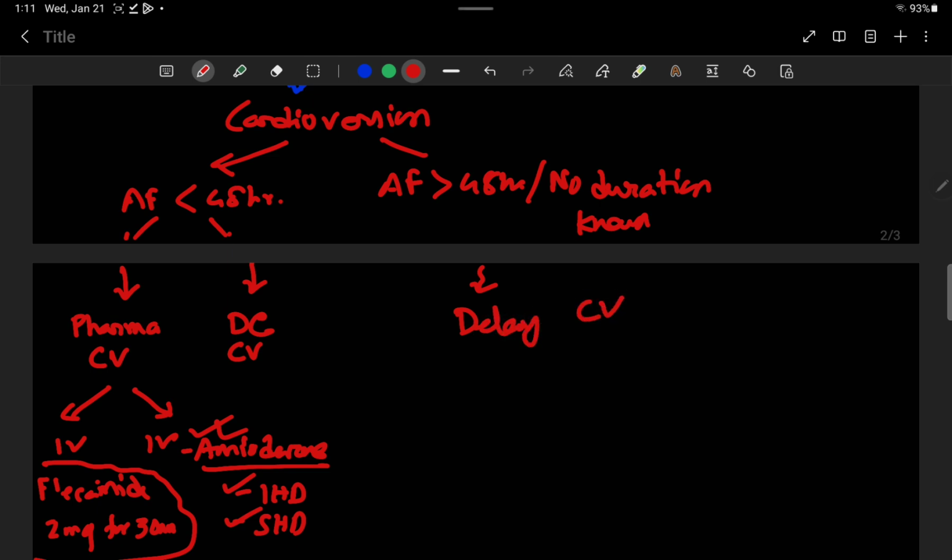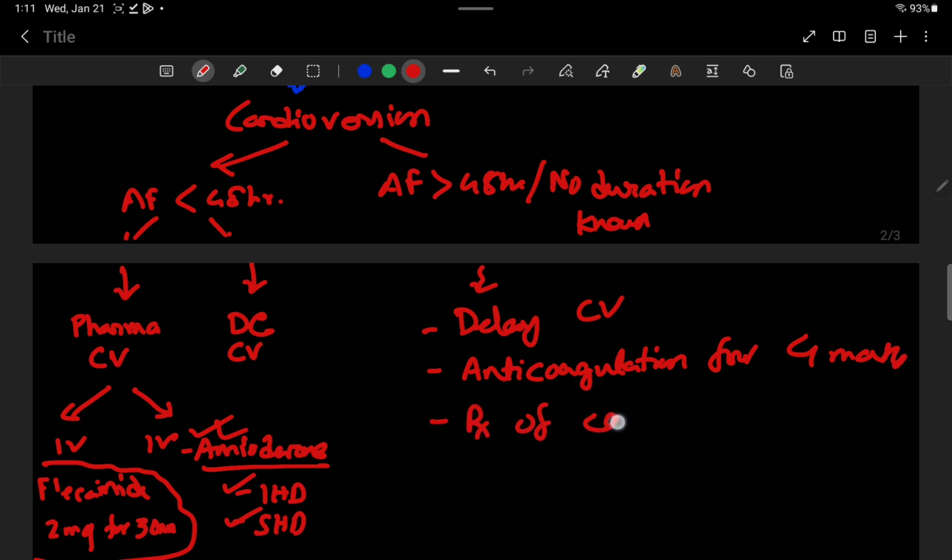Cardioversion, will not do cardioversion. We will give anticoagulation for 4 months, and treatment of the cause.